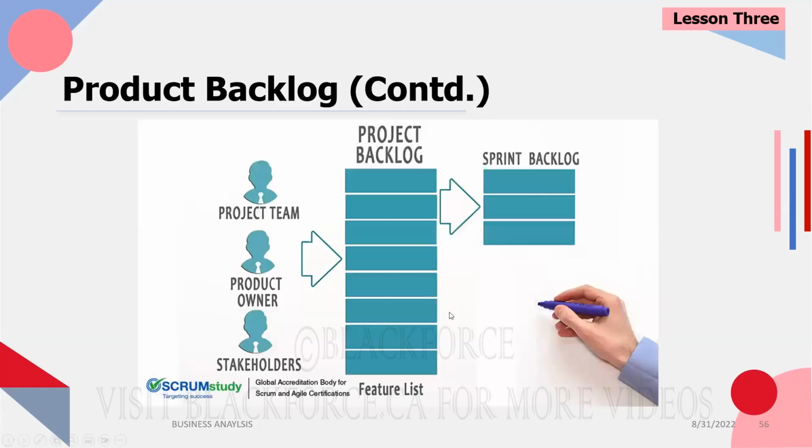So here is a picture that kind of shows what we mean when we say a product backlog or a project backlog. So we have the project team at the top here. And then we have the product owner and we have stakeholders. In the product backlog, you have a really long list of the many requirements that you've gathered so far.